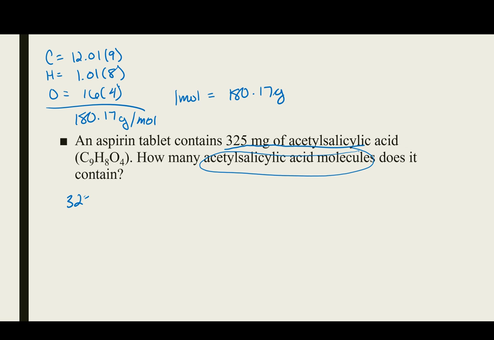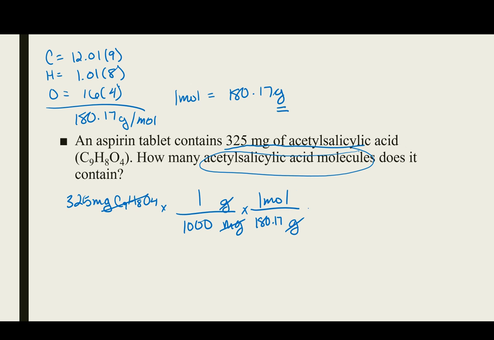So I will write down what I'm given, 325 milligrams of C9H8O4. Immediately cancel milligrams on the bottom. If you look at your conversion factor, 1 mole is 180.17 grams. So the first thing I have to do then is go from milligrams to grams. So 1,000 milligrams in 1 gram. Then I can cancel grams. And here's where I would use that molar mass. So 1 mole is 180.17 grams.